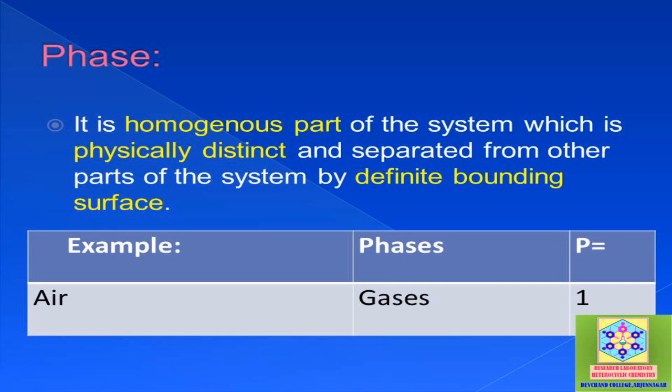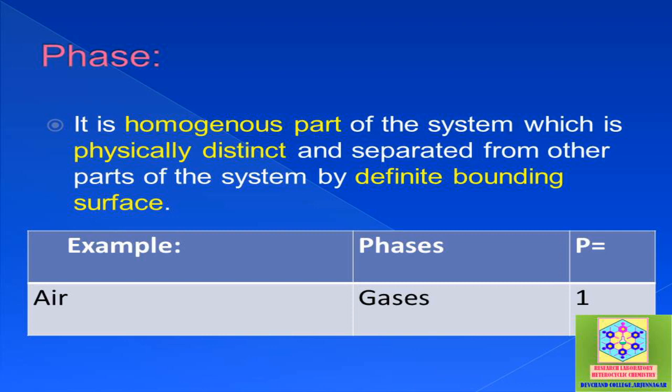So it should be a homogeneous part of the system. The system under our consideration is a heterogeneous system. However, it is involving number of homogeneous parts. So that part which is itself homogeneous, it should be physically distinct from other parts of the system, and it is separated from other parts of the system by definite bounding surface.